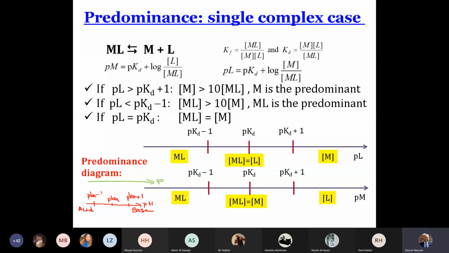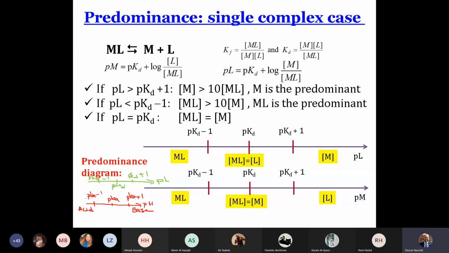The p of the particle exchange in the acid-base is pH. Here, suppose pL. The characteristic in the acid-base is pKa. The characteristic in the complex is pKd. So pKd minus 1 and pKd plus 1.